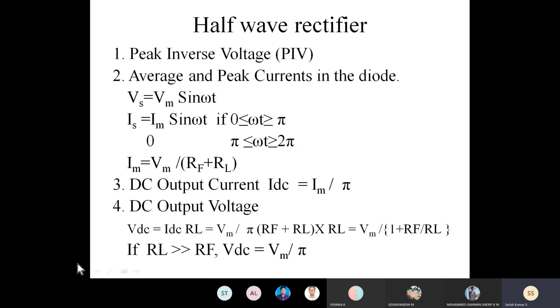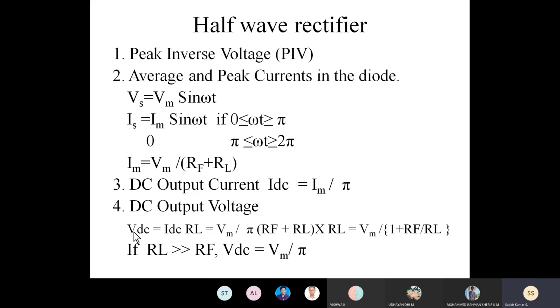And the next factor is the output voltage. This is a DC circuit, so there will be no other passive components. We are going to use only one passive component, that is a resistor. The system has only the resistor, so the voltage will be in phase with the current. There will be no lagging or leading components.